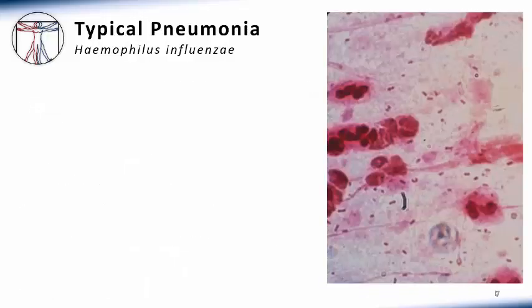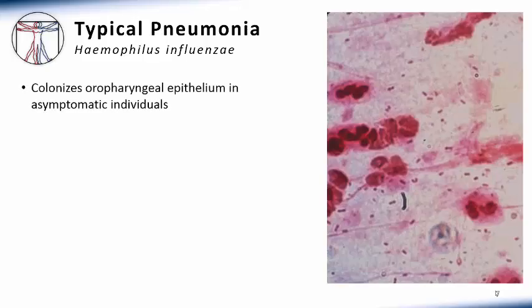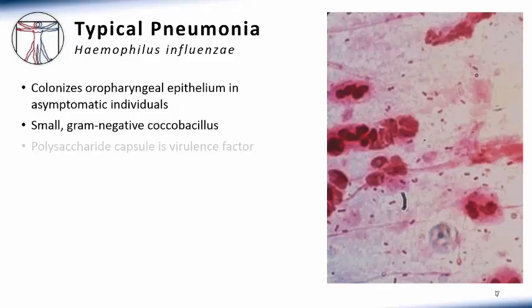Another common cause of typical bacterial pneumonias is Haemophilus influenzae. Similar to Strep pneumo, it can colonize the oropharyngeal epithelium in healthy individuals, but in contrast, it is a small gram-negative organism, and it has a shape referred to as a coccobacillus, somewhere between a rod and a round form.